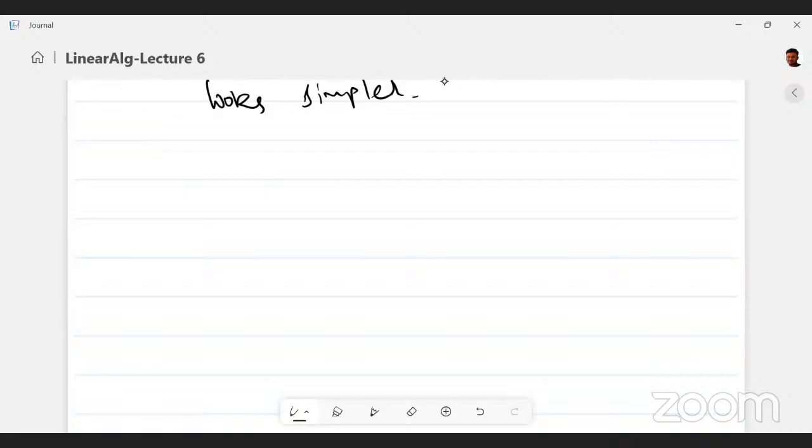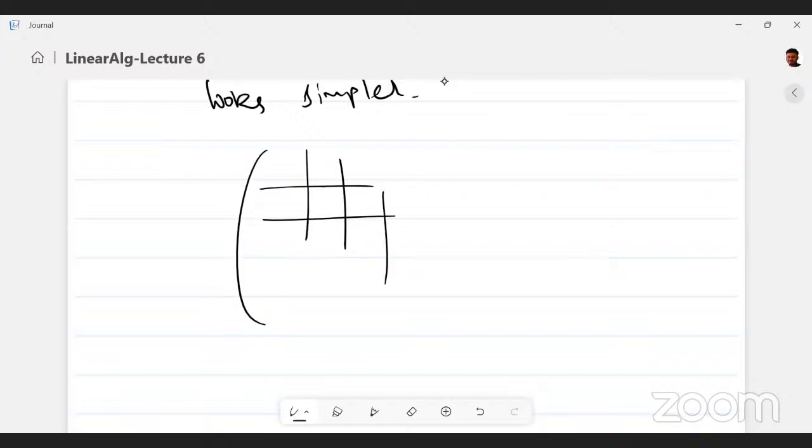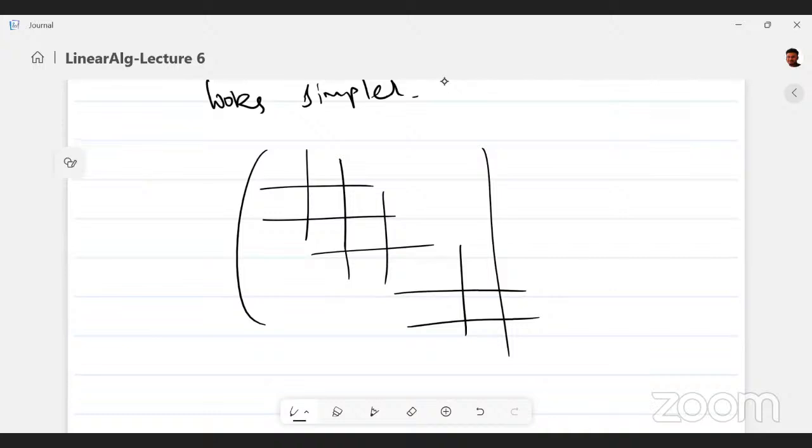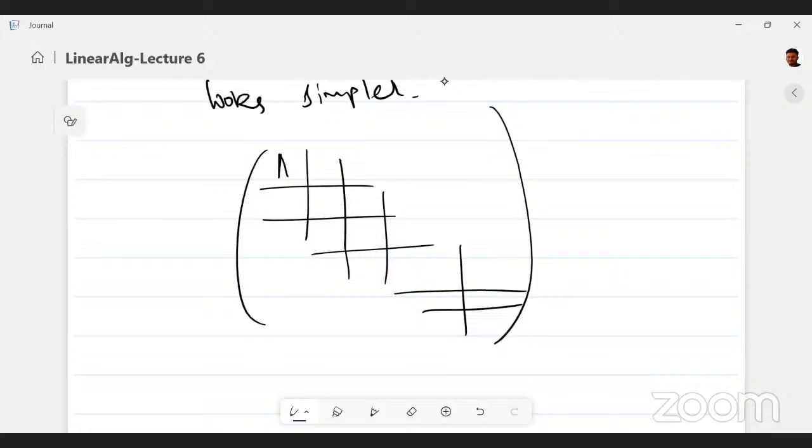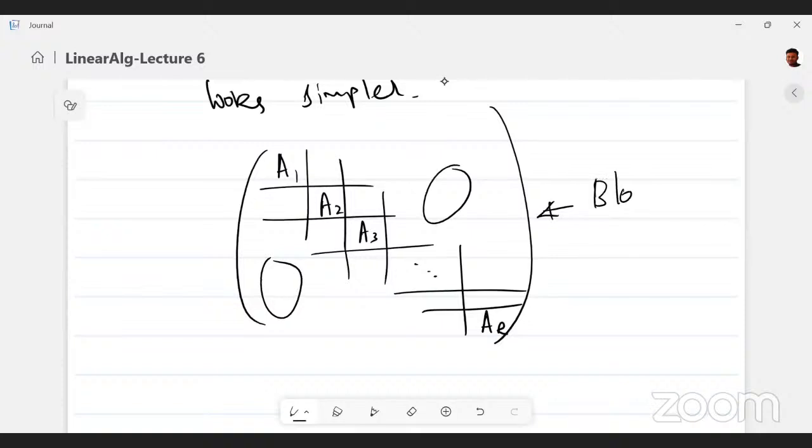A block diagonal matrix looks something like this: A1, A2, A3, and so on up to Ak will be there, and all other entries are 0. So this is called a block diagonal matrix.